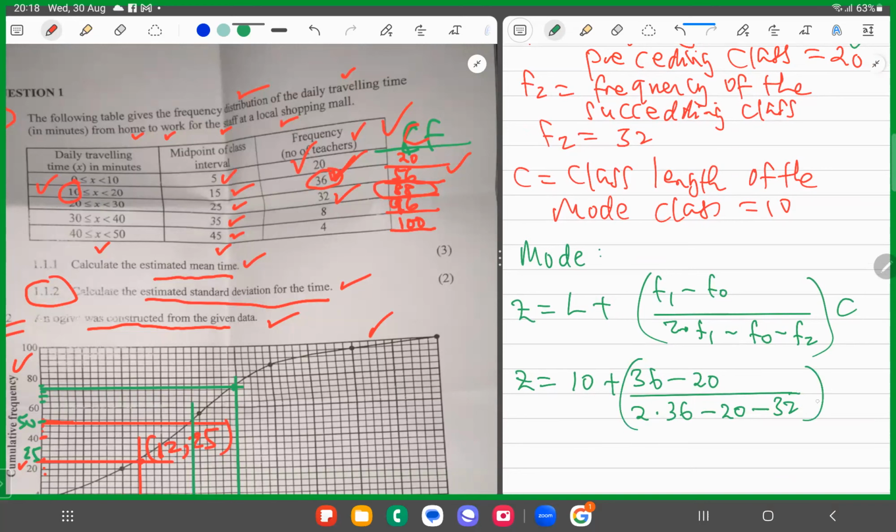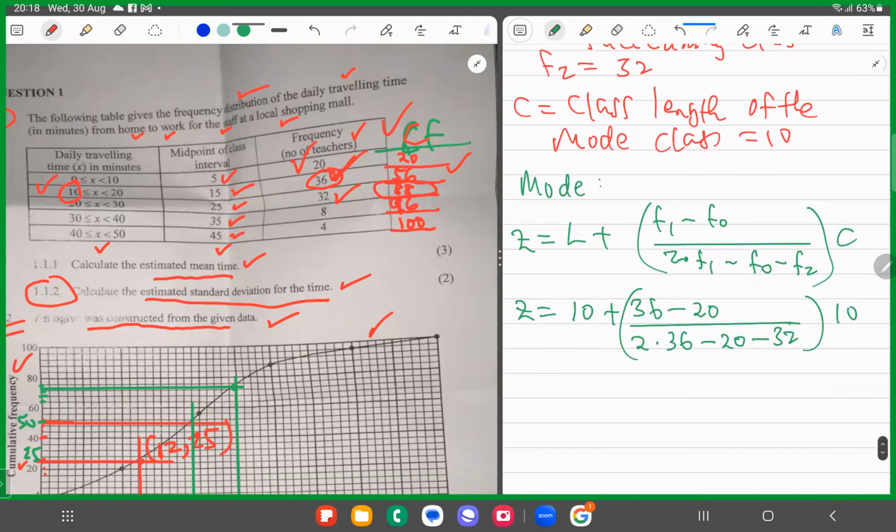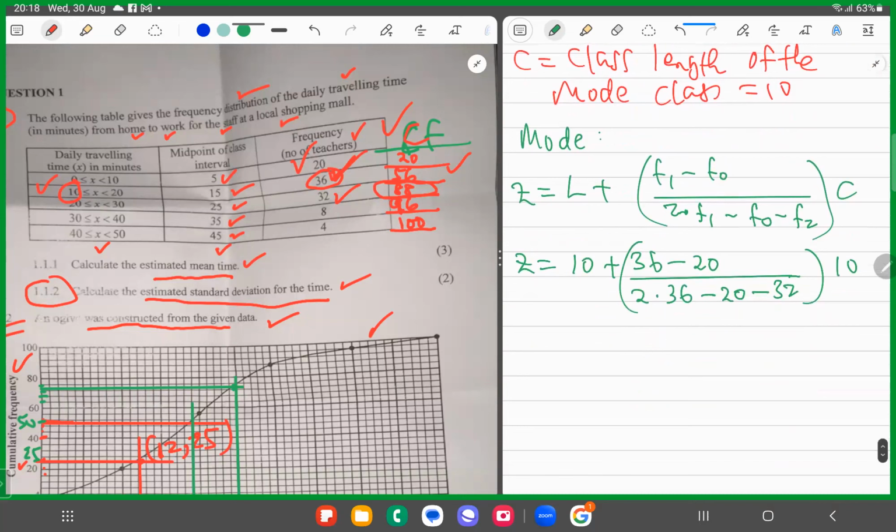You multiply these by the class width or the class length. So this is 10 plus 16 out of 20. Z equals 10 plus 8, and this is 18.